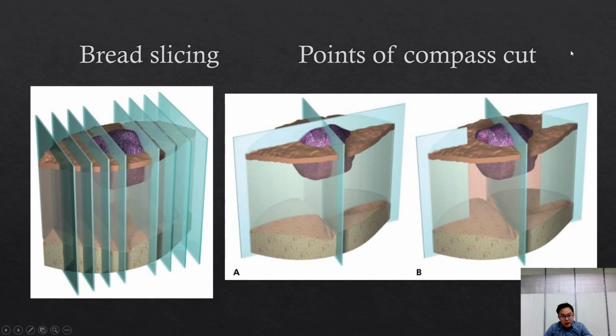And the right one here is perpendicular margin of points of the compass cut. Two cuts are made at right angles to evaluate the 5 components of the margin, 4 lateral and ventral margin. And the right one here is the modified points of compass cut in the oversized mass to evaluate the margin in 5 directions.